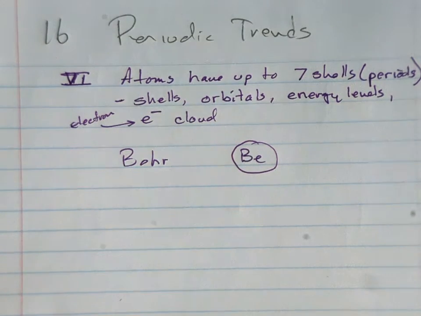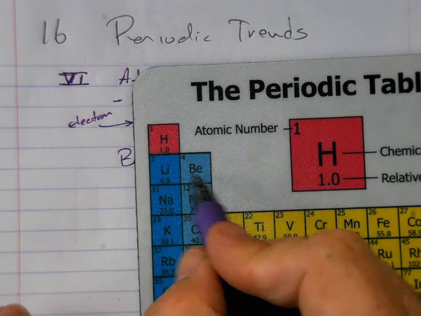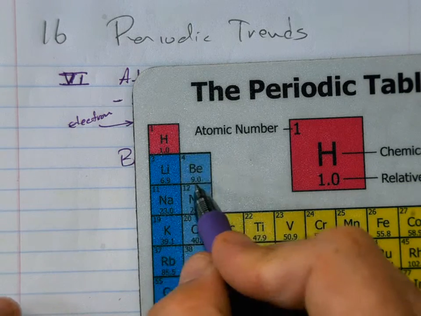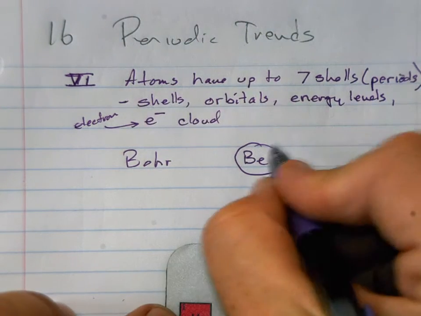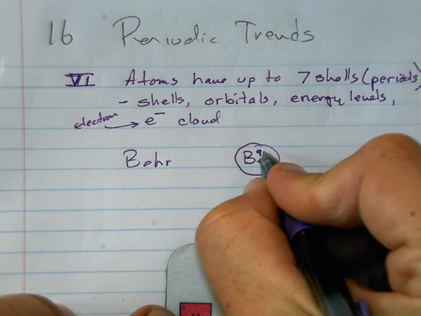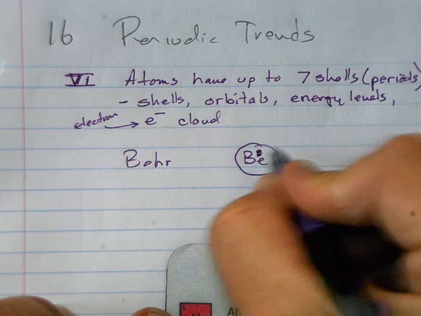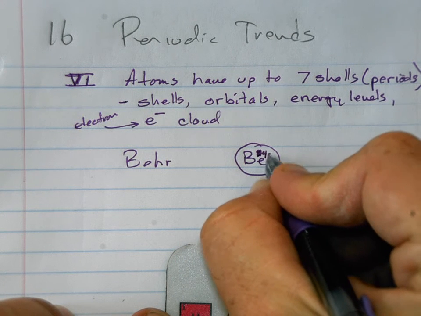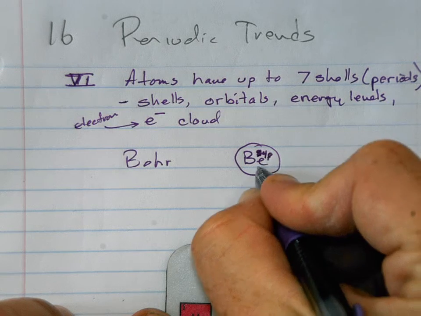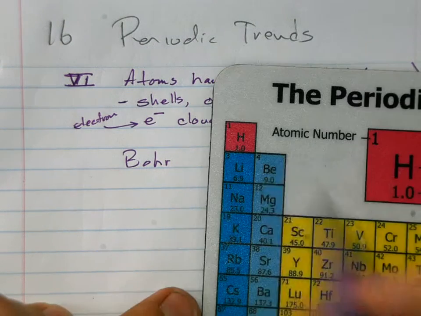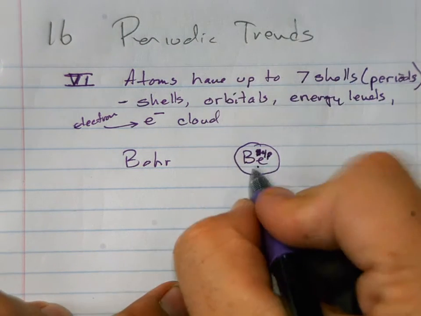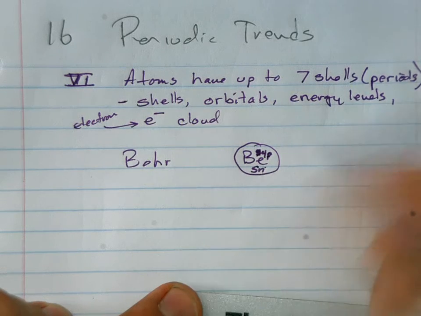And we look on the periodic table. This is probably a bad periodic table. It's got atomic number of 4 and a mass of 9. So we're going to put that it has 4 protons, and for neutrons, 9 minus 4 is going to be 5 neutrons.